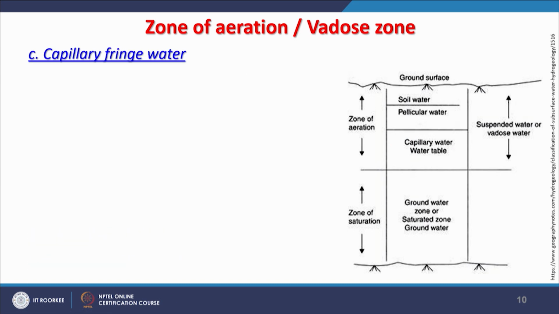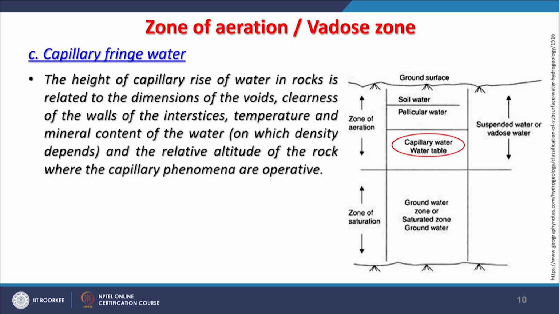Now, in capillary fringe water, the height of capillary rise of water in rocks is related to the dimensions of the voids. Size matters. If the fracture is large, then capillary action will not take place. It has to be tiny, and it depends on the cleanness of the walls of the interstices. If fractures are rough inside, then capillary action might not take place.